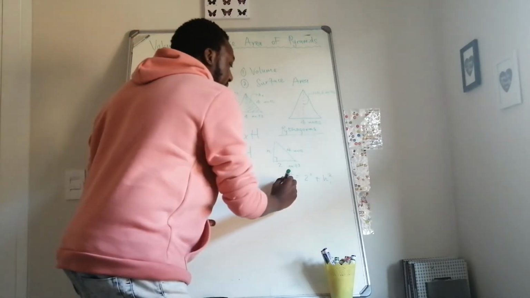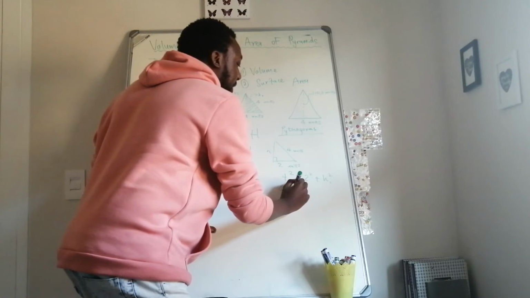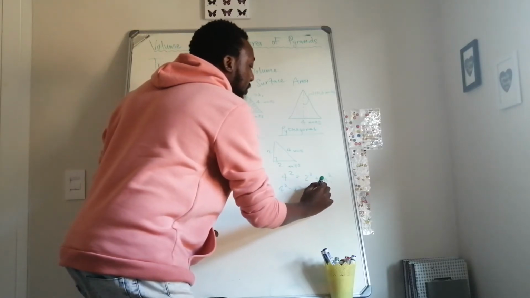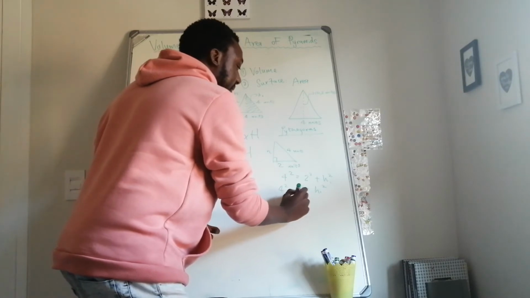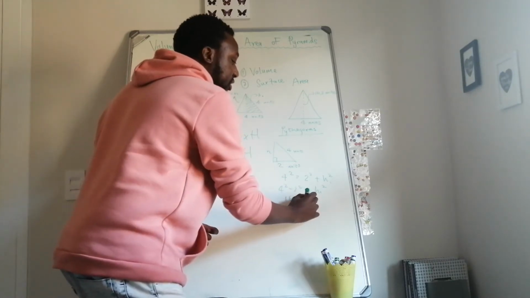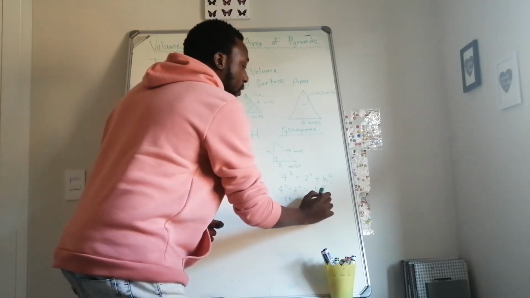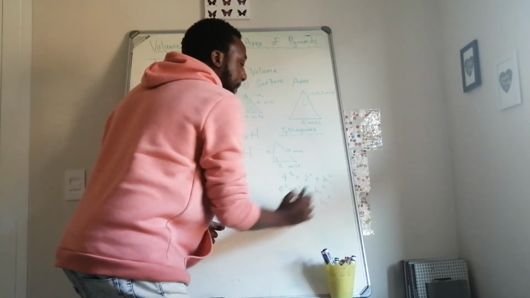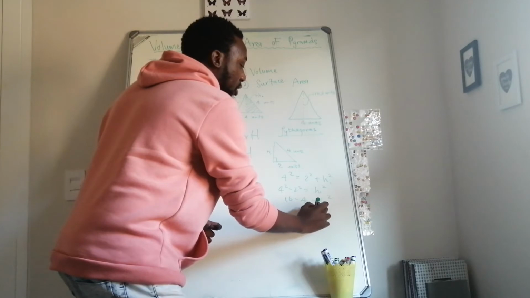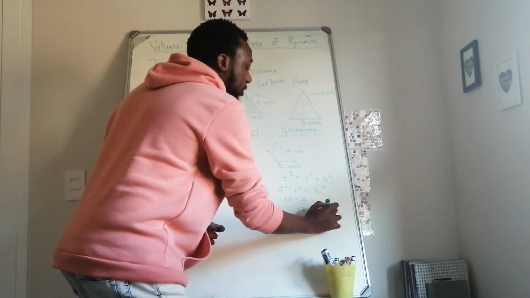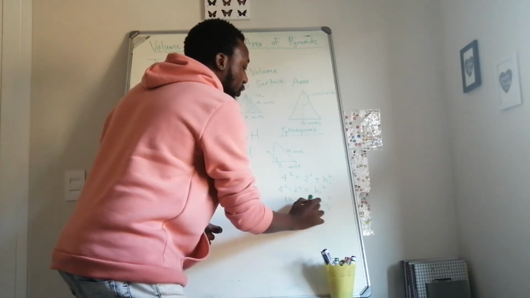Take the 2 to the other side. I have 4 squared minus 2 squared equals h1 squared. 4 squared is 16, 2 squared is just 4, and if I subtract both of them, I just get 12. h1 is the square root of 12.